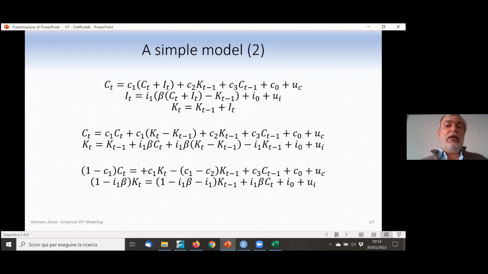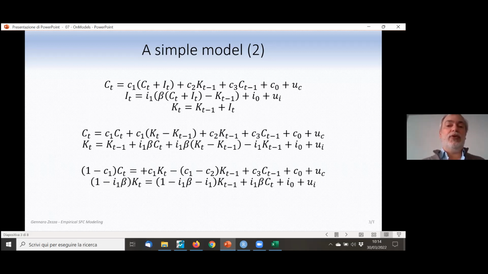So if we substitute the identities into our equations, and I think in the first slide, so in the first line, I simply use the fact that in this model, the stock of wealth will be equal to the stock of capital.